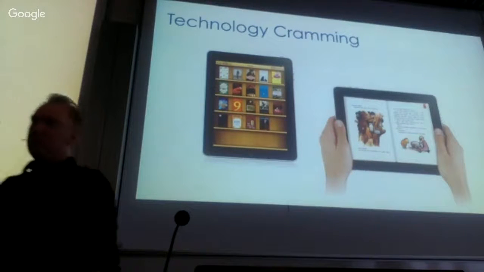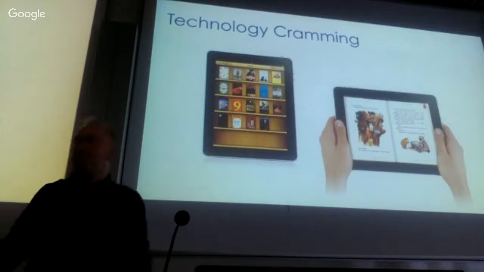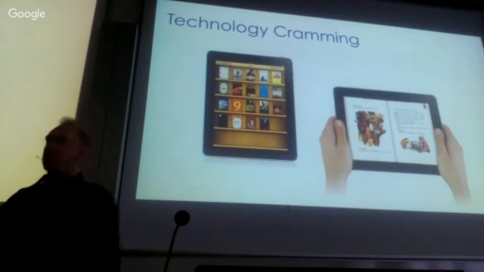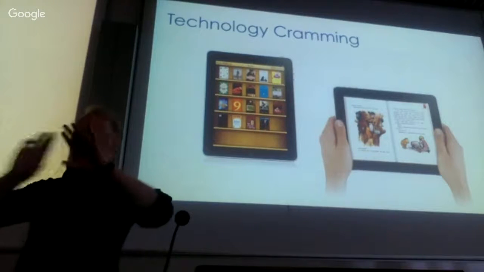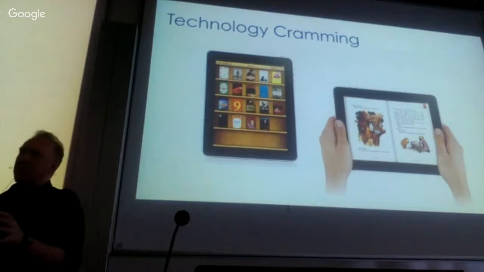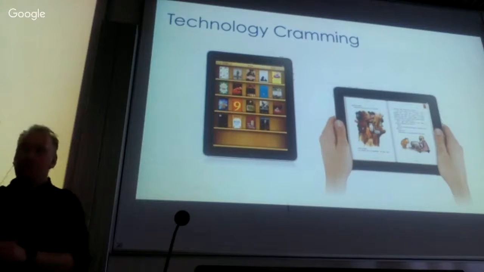Why do you need to have it look like a book and have pages? Well, maybe the argument would be that we need to get people used to reading books on this. A book is just a very long string of text. The reason why we have pages is because that was the technology that came before.